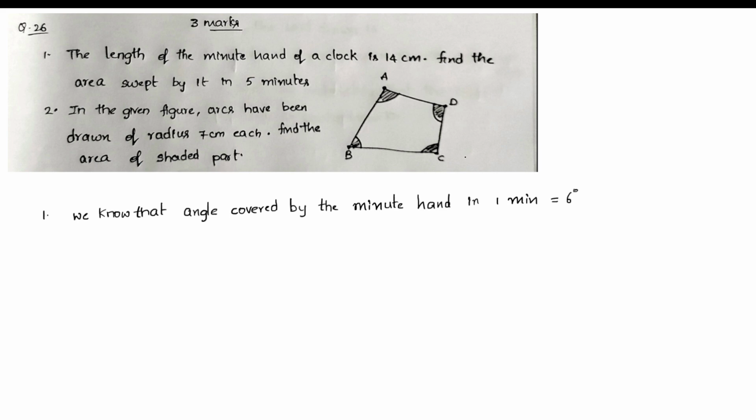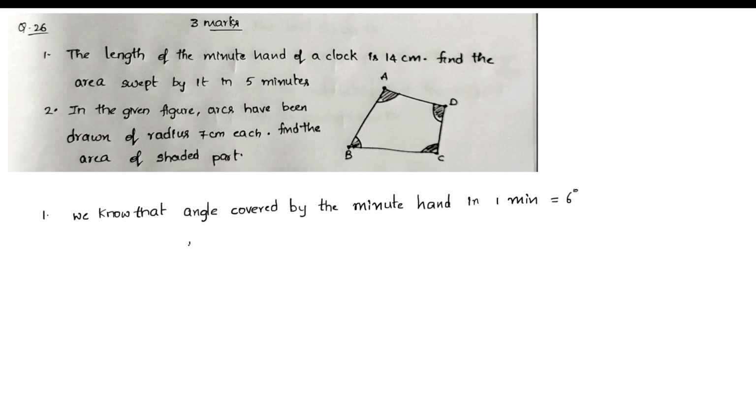So let me be simple here. The angle covered by the minute hand in 1 minute is 6 degrees, whereas the angle covered by the hour hand in 1 minute is half degree, 0.5 degree. You need to remember all these things. Since for 1 minute the angle covered by the minute hand is 6 degrees, for 5 minutes it will be 5 into 6 degrees.